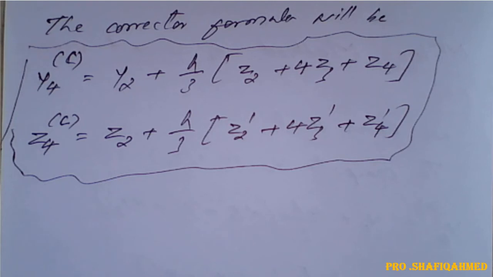For the second order we need to find y4 of p, z4 of p, and similarly y4 of c and z4 of c. These are the formulas to get the result for Milne's method of second order ordinary differential equations. Let's see the examples based on this Milne's method of second order ordinary differential equations.